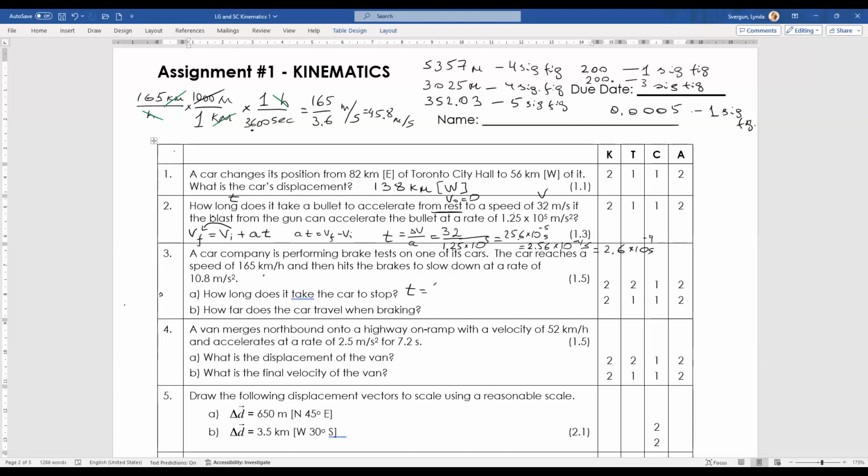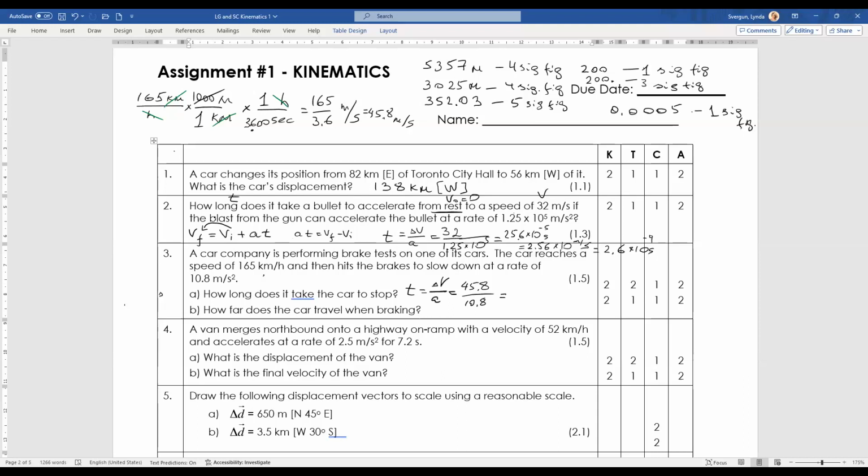Change of velocity over acceleration. So velocity is 45.8 minus 0, 45.8. Acceleration is 10.8. So around 4 seconds to stop, realistically. That's why never run in front of a moving car.